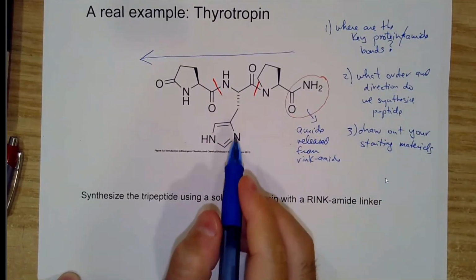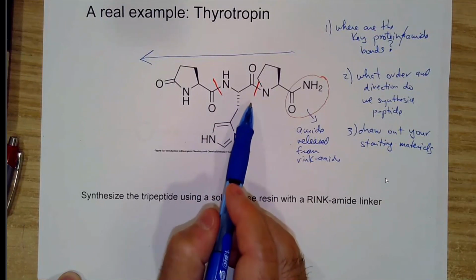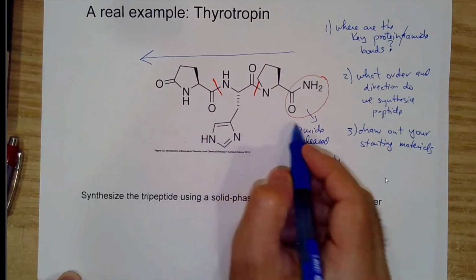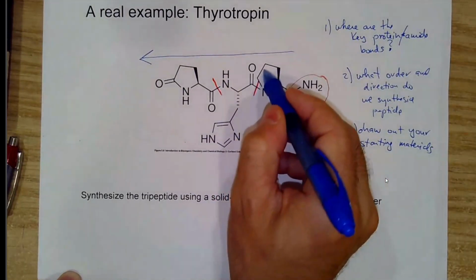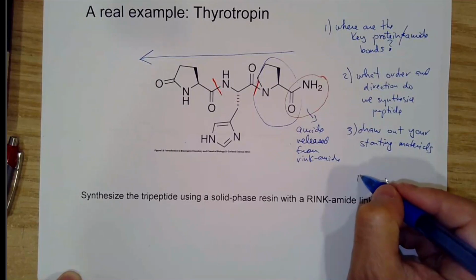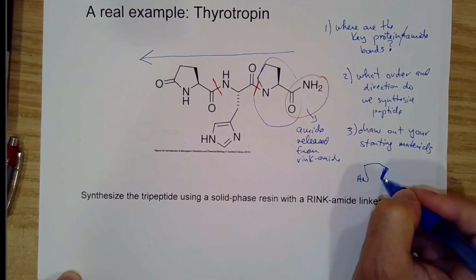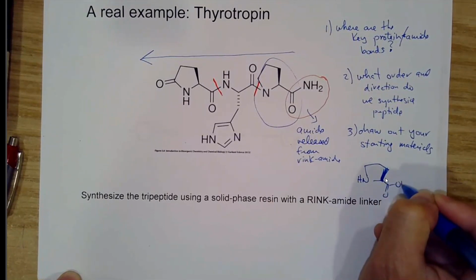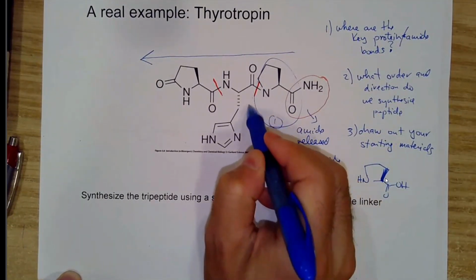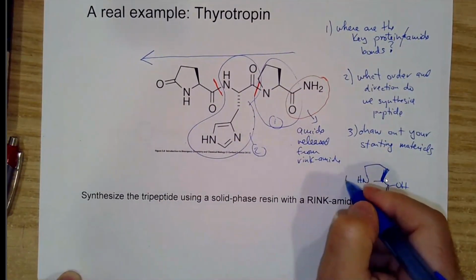That's easier to see once we've identified the key peptide amide bonds. So you can see that our first starting material will be this guy right here. This is actually called proline. Okay, that's 1. The next one, number 2, will be this one.